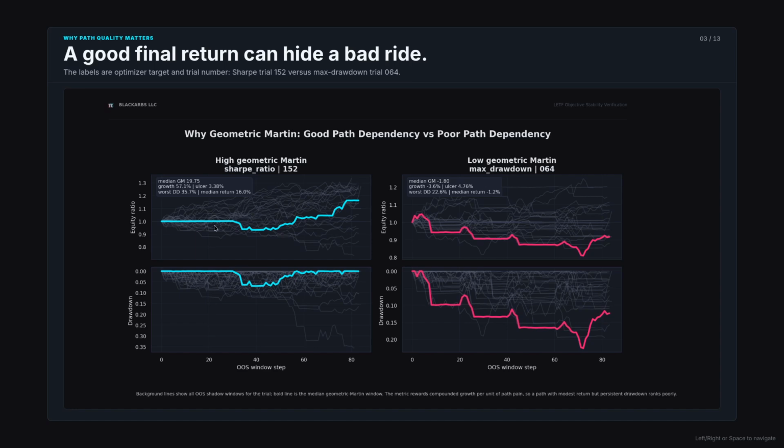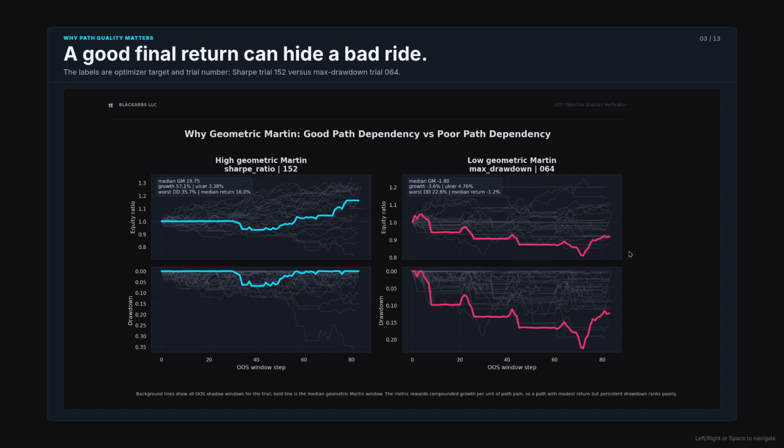Like a high geometric Martin ratio implies a positive path on its way to a good terminal value, whereas a low value is the opposite, right? A negative path that is volatile and tough to hold. And that's especially true if we are trading a leveraged instrument which has decay built in. So let's look at it.